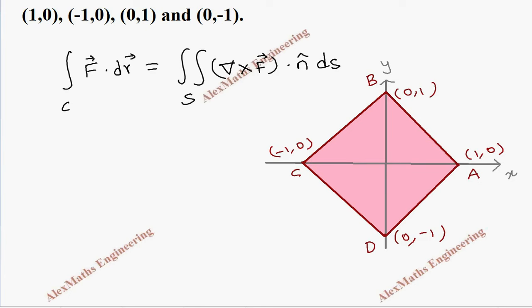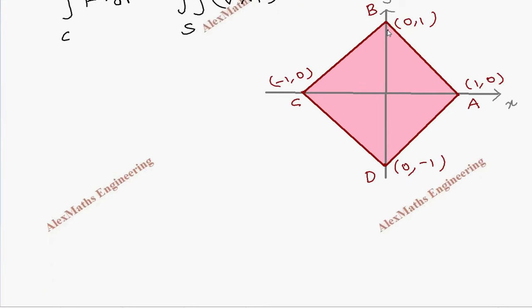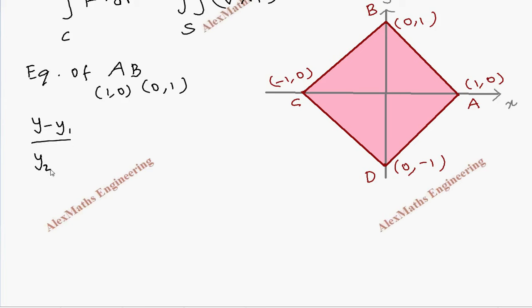Now we have to get the equation for each line, that is AB, BC, CD and DA. Let's write the equation of AB. We have 2 points, A is (1, 0) and B is (0, 1). We have the 2-point formula, (y minus y1) by (y2 minus y1) equal to (x minus x1) by (x2 minus x1).